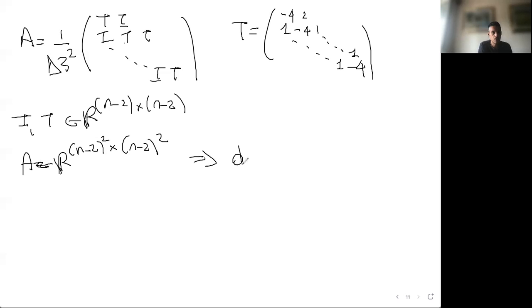This implies that the dimension D of the problem is actually (n minus 2) squared. So you see, the higher the dimension of the PDE, the higher the dimension of the discretized problem. Nevertheless, with this approximation, we are able to write the problem in this form.